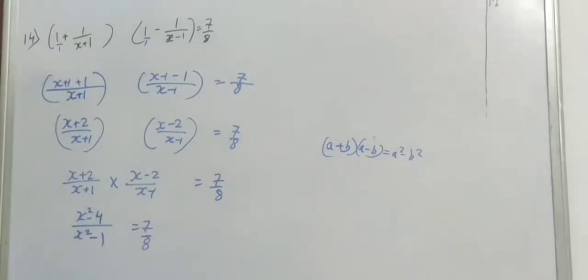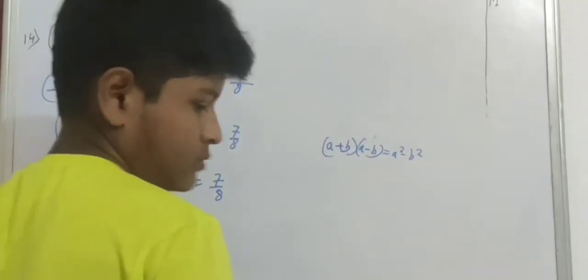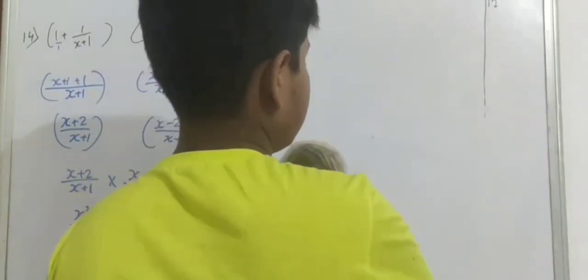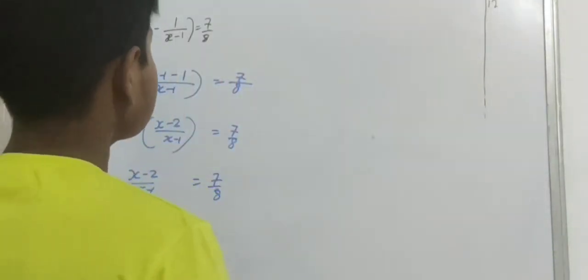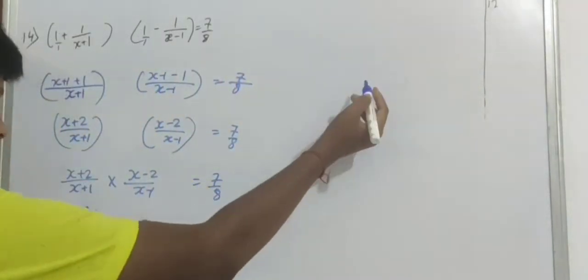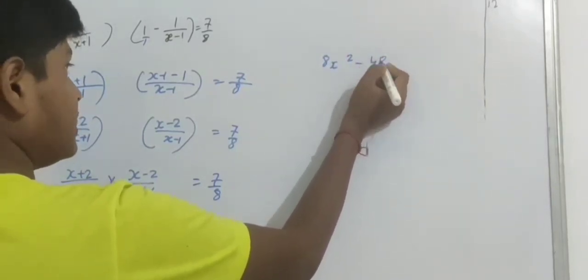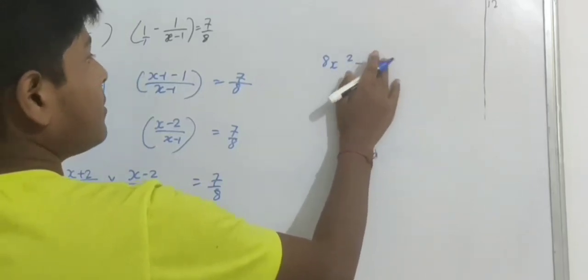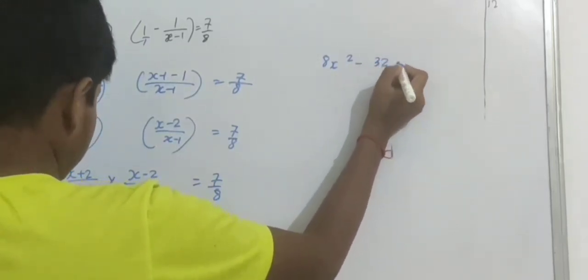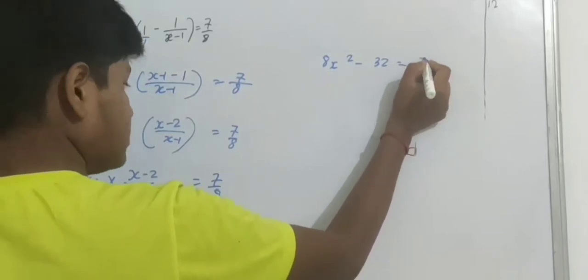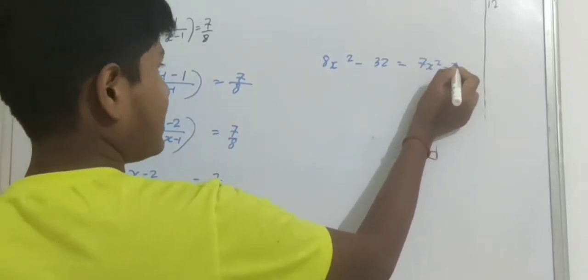So now cross multiply it. It will be 8x square minus 4 is equals to 7x square minus 1. I'm solving it here. It will be 8x square minus 32 is equals to 7x square minus 7.